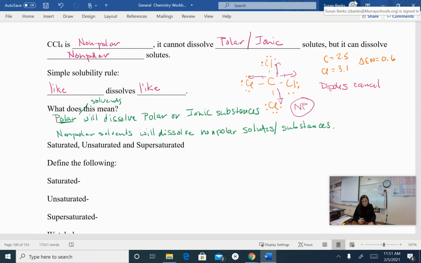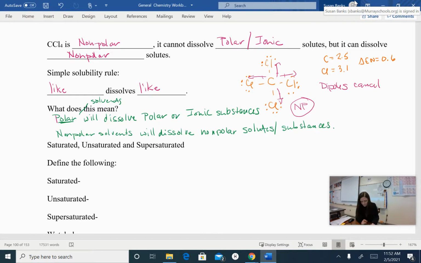No, because gum is nonpolar. So to dissolve gum, you're going to also need a nonpolar solvent. So how many of your parents knew the trick to use peanut butter or some kind of oil to get that gum out of your hair without cutting your hair? See, chemistry can be useful.